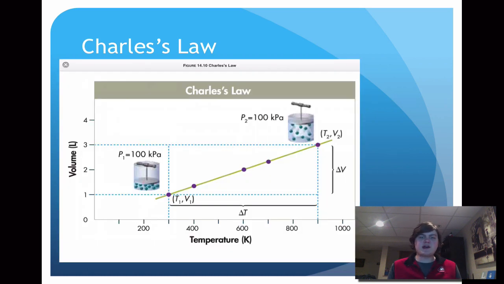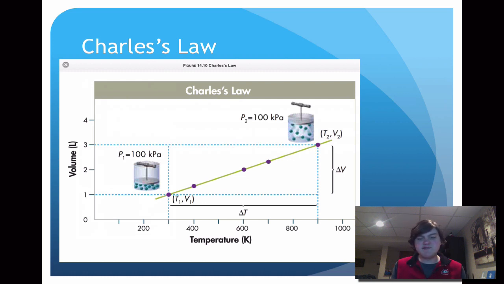We can look at this graphically here with Charles's law, and you can see that temperature in Kelvin is on the bottom, and then the liters are on the left. Plotting data from Charles's law is actually how the theoretical value for absolute zero has been calculated.